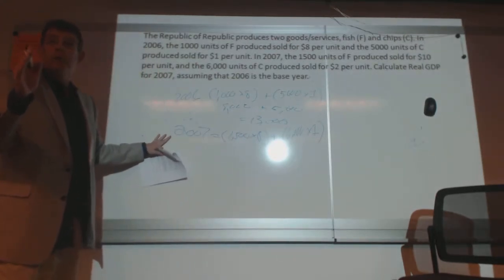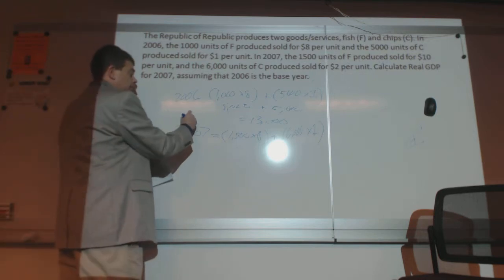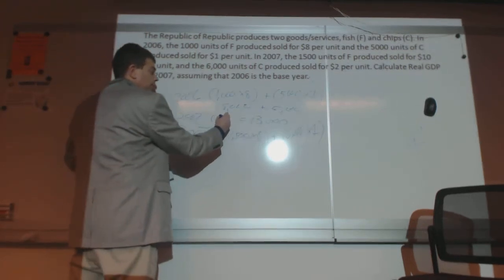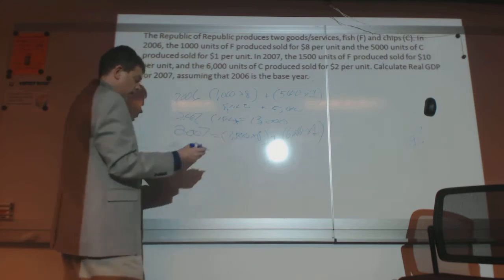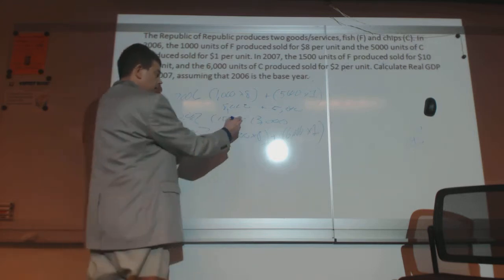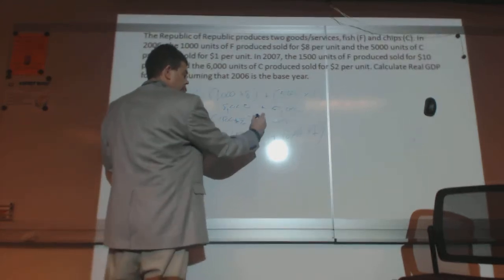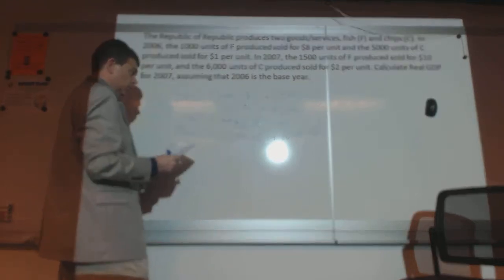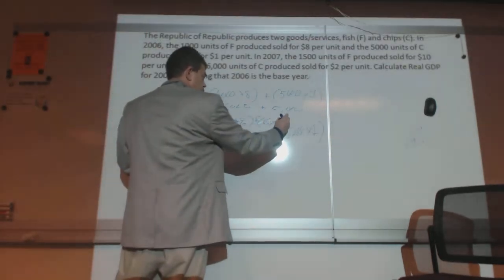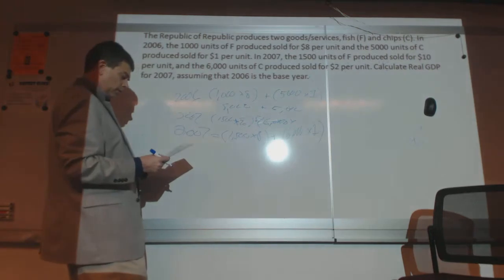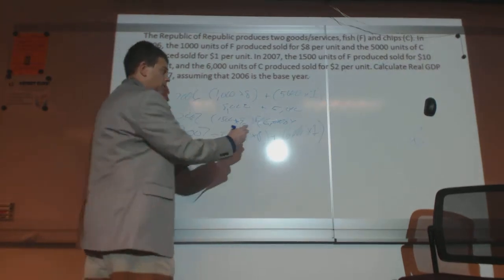Now, if you just did nominal GDP, you would do it like this. Here's the nominal first. You had 1,500 fish times how many dollars? 10 bucks, right? And you had how many chips sold? You had 6,000 chips, and they were sold at what in year two? $2.